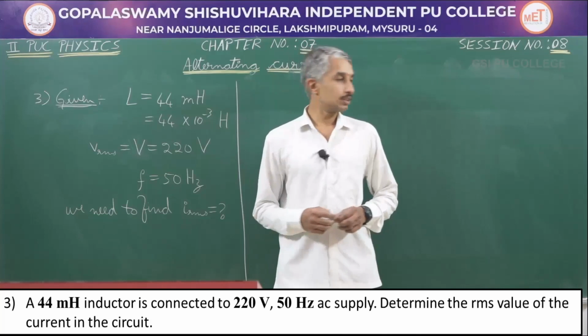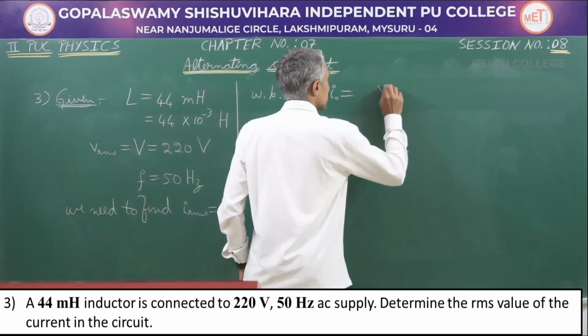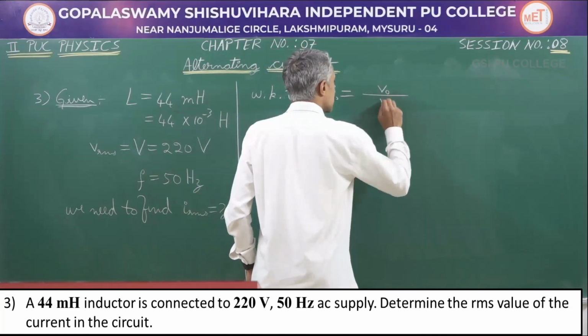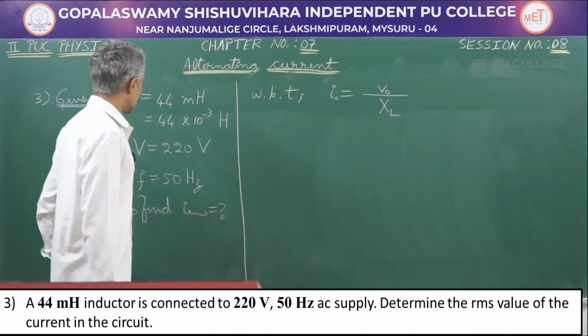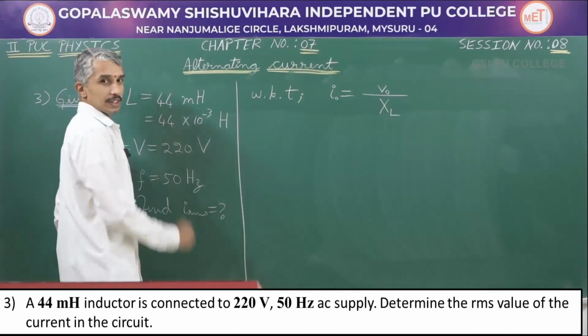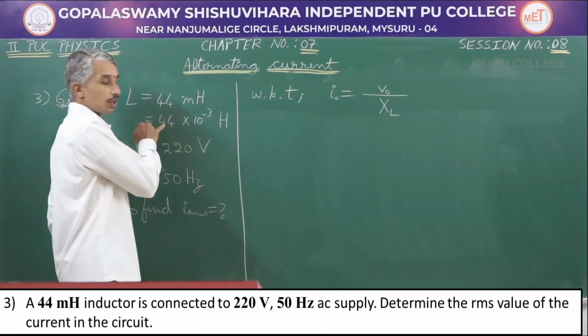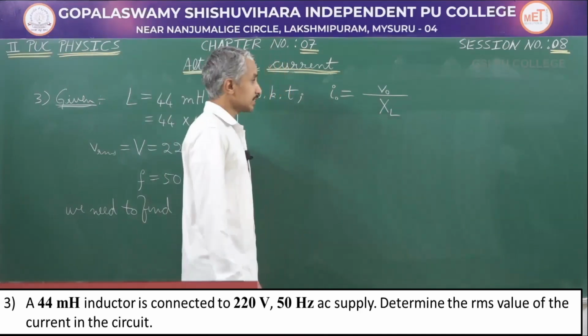So let us proceed. We know that the peak value of the current is given by the peak value of the voltage divided by inductive reactance. If there is an inductor in an AC circuit, then the opposition for the flow of AC current here is called inductive reactance.